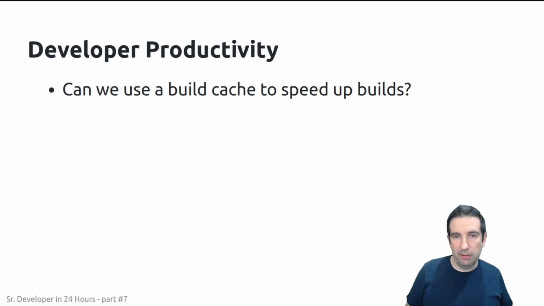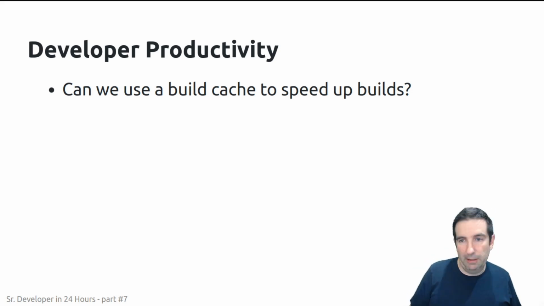A build cache is something that is going to keep track of what are the inputs, what are the outputs of different steps in our build process, and it's going to create a cache of those from which we can pull and avoid doing a lot of the steps that have already been done by other developers or by other iterations of the CI/CD pipelines, things like that. So, this is supported by some tools, and they can greatly speed up the build of really large projects.